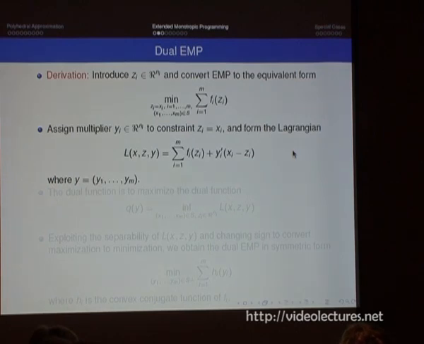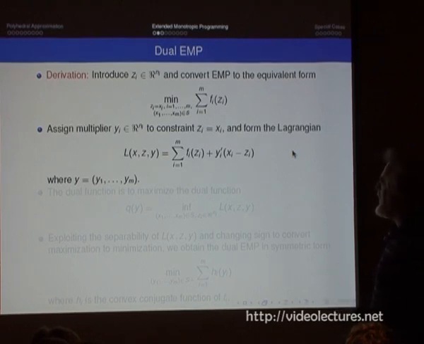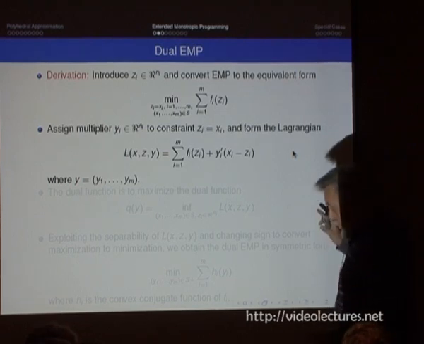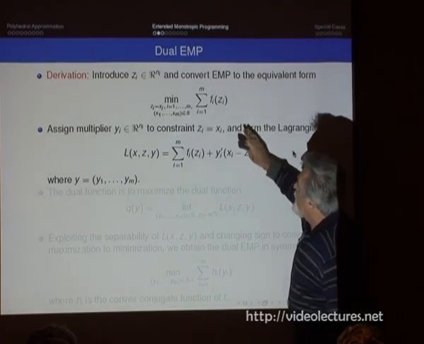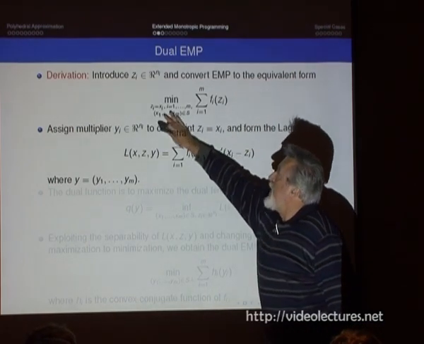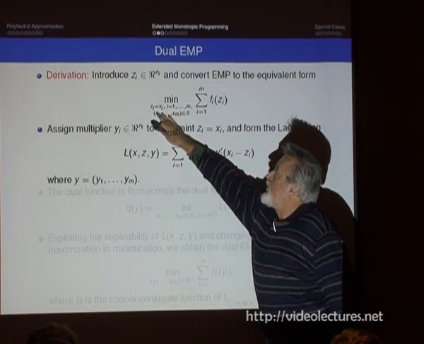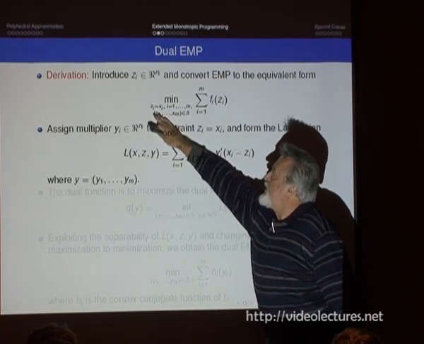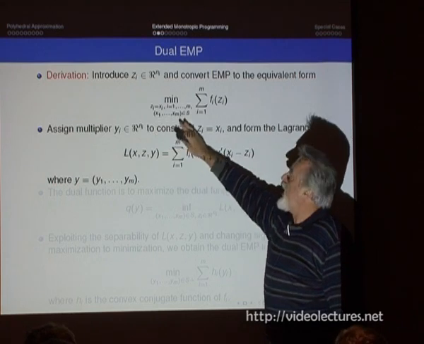Now, the dual problem to this turns out to be very symmetric, identical, with just the f's replaced by the conjugates, and the subspace replaced by its orthogonal. I don't want to go into details of the derivation, but it's very simple. We convert the problem into an equivalent problem by introducing auxiliary variables zi, which we make equal to xi.